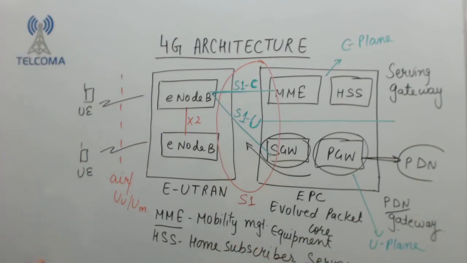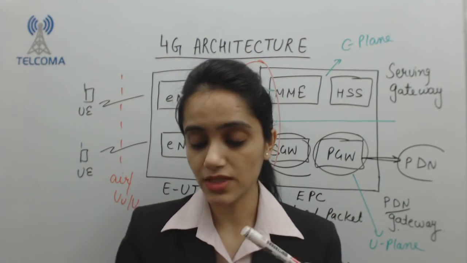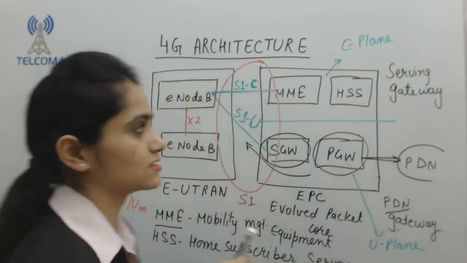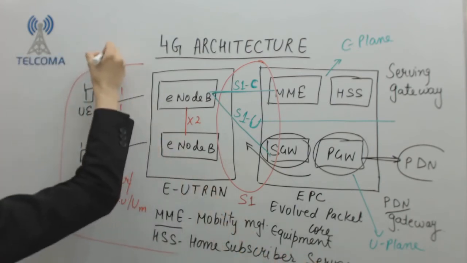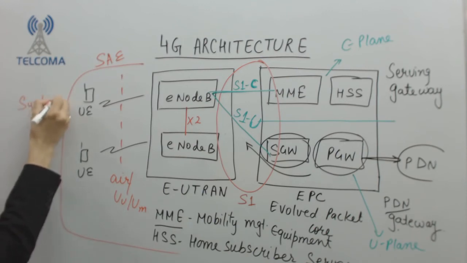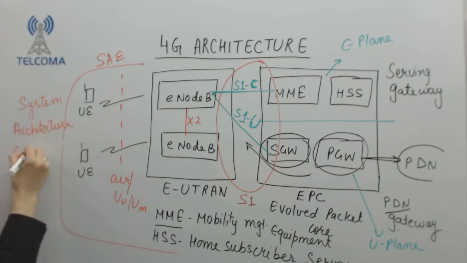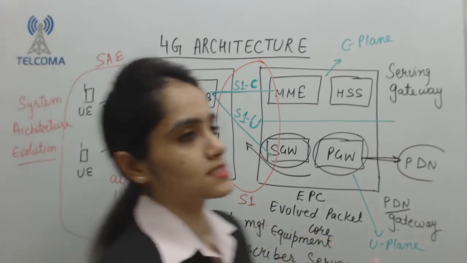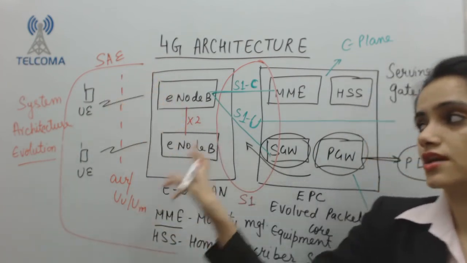So this is the architecture of 4G which has to deal with the data and high speed. Now this evolution of a new architecture, which is new as compared to the previous generation, we name it SAE, where SAE stands for System Architecture Evolution, because we have an evolution of new architecture, and this architecture which supports high data rate is the system architecture which is there in 4G.